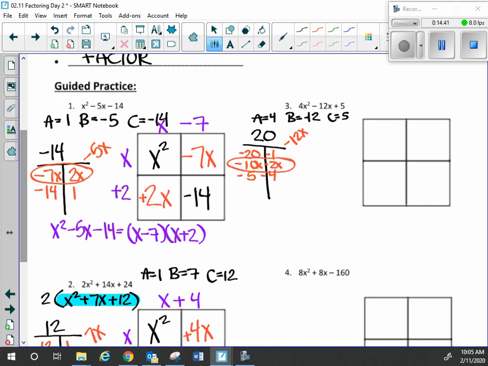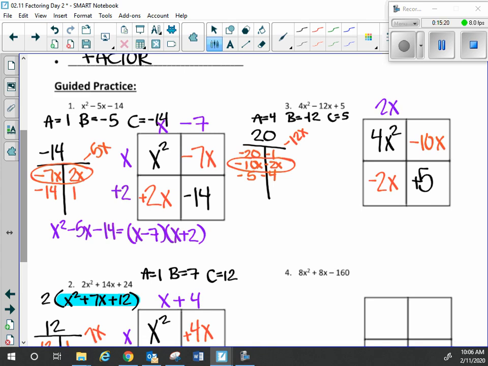All right, so first term, first box. 4x squared. Thank you. Last term, last box. What am I going to put in the other two? -10x. Uh-huh. And -2x. Can you pull from 4x squared and negative 2x? What's the greatest common factor of those two? 2x.